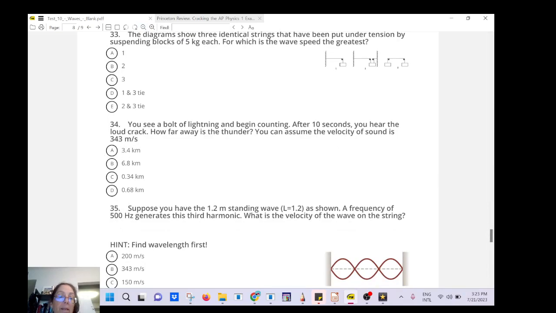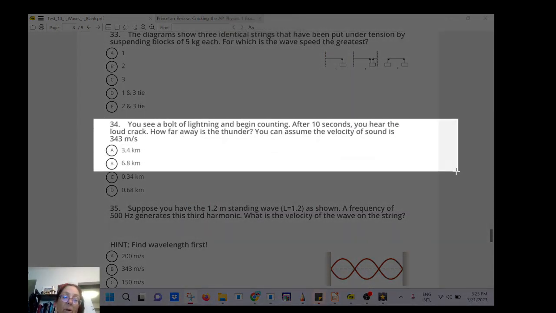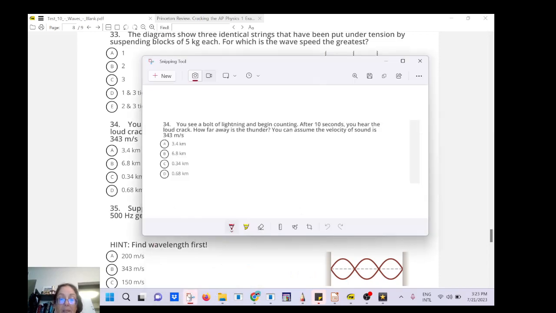So this one, yeah, you have different ways to do it. You can do it very quickly, with a good approximation, or you can do it the long way. But the speed of light, of course, is really, really big relative to the speed of sound. So here we're talking about 3 times 10 to the 8, and here we're talking about 340 meters per second.